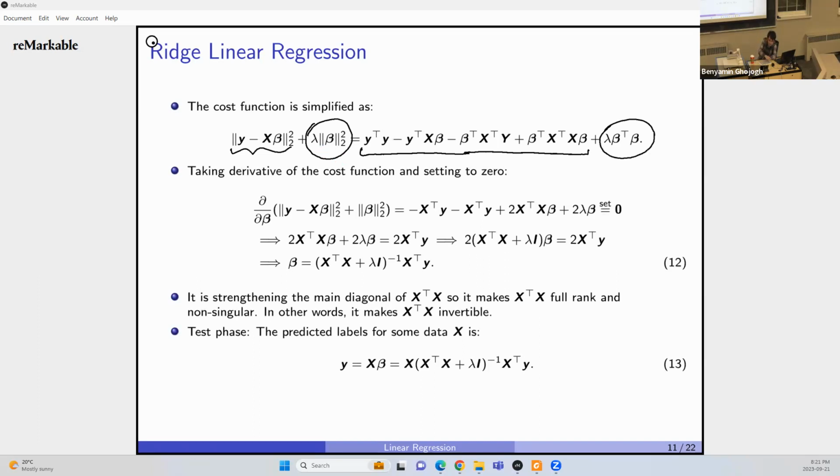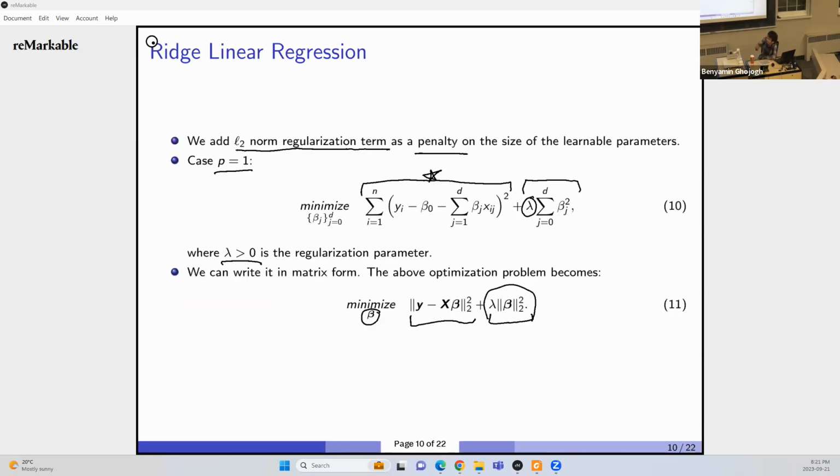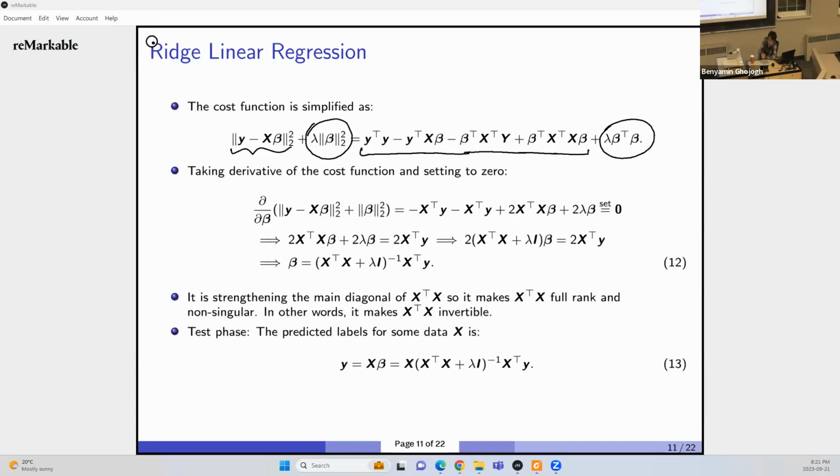For you who were not here, let me tell you very briefly: here we are just adding an L2 norm regularization term. The difference compared to linear regression is just adding this regularization term. Now we are simplifying this cost. This is simplified to this, and the rest is as before.